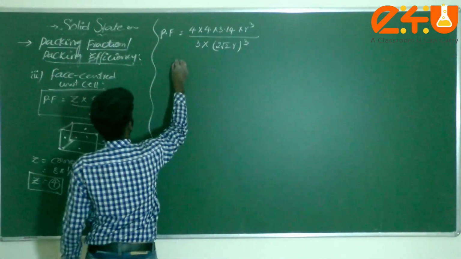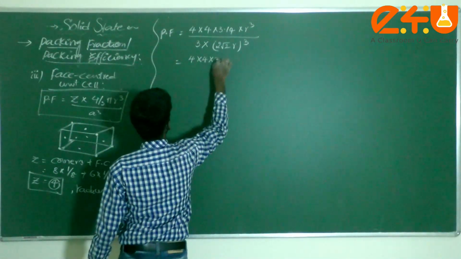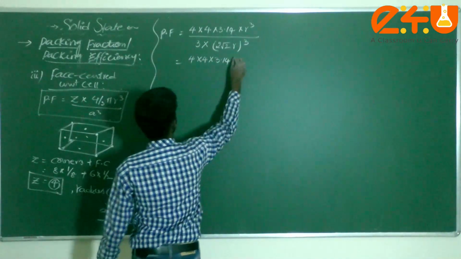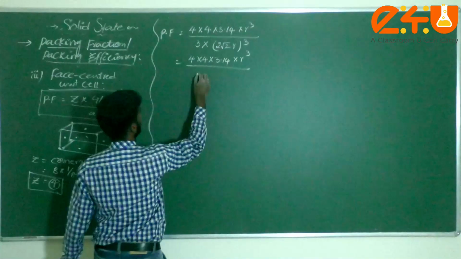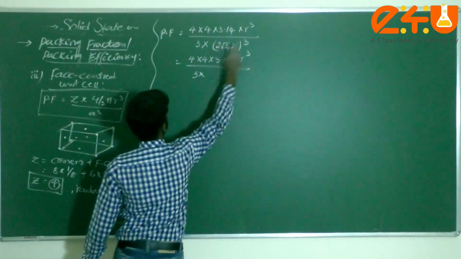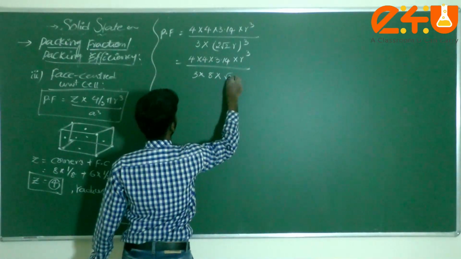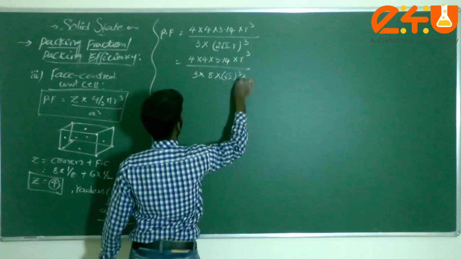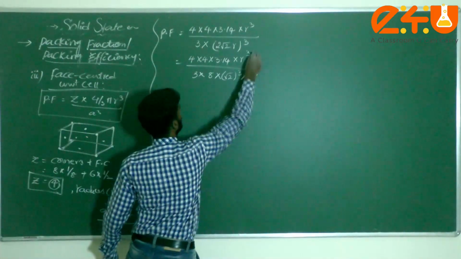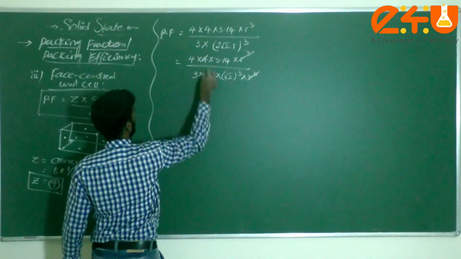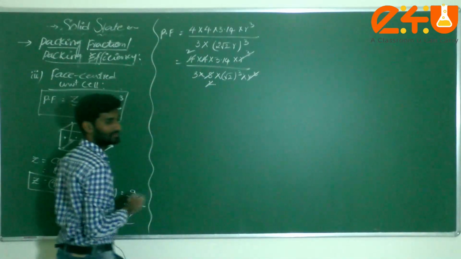Am I correct? Then I can write 4 into 3.14 into r cube, divided by 3 into 2 cube, that means 8, and root 2 whole cube into r cube. R cube is cancelled. 4 and 8, 2 times cancelled.